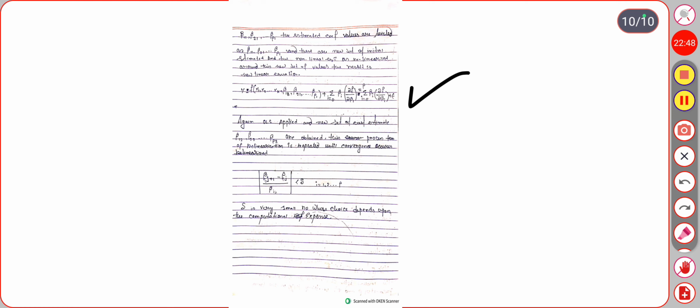Again OLS is applied, and a new set of coefficient estimates, beta 1 2, beta 2 2, beta 3 2, beta 4 2, up to beta rho 2, is obtained.